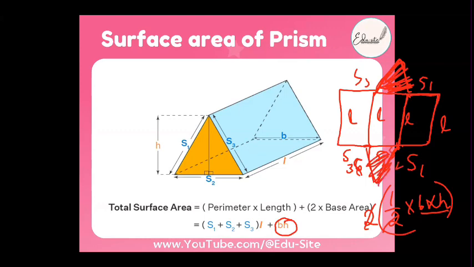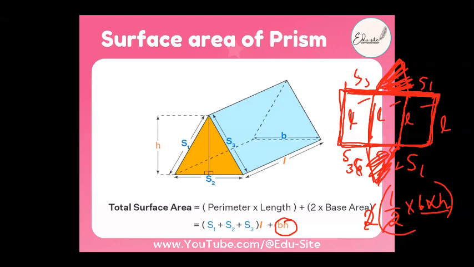Now we want the 1, 2, 3 rectangles, correct? For all of these 3 rectangles, how will you calculate? If you multiply with each one, it will actually be wrong, because the length is the same here. To calculate it, add S1 plus S2 plus S3. You will get one whole rectangle.